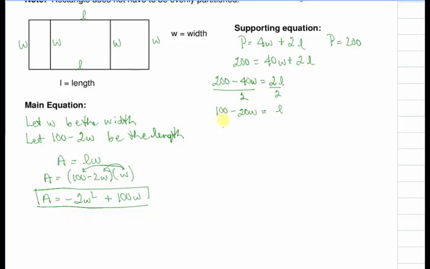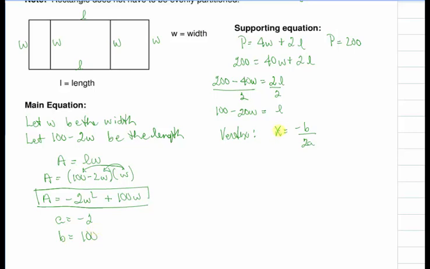Now, because I am going to be looking for the vertex, and I'm going to be using the vertex formula, I need to know what A and B are. So I go back to my formula. A is negative 2, and B is 100.